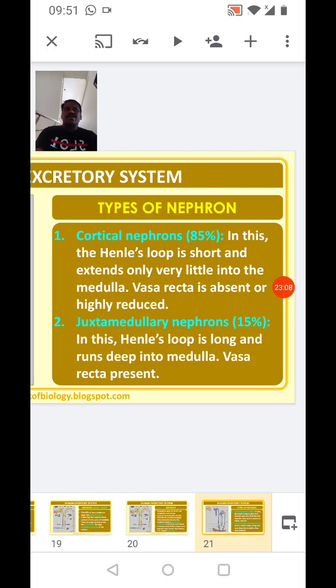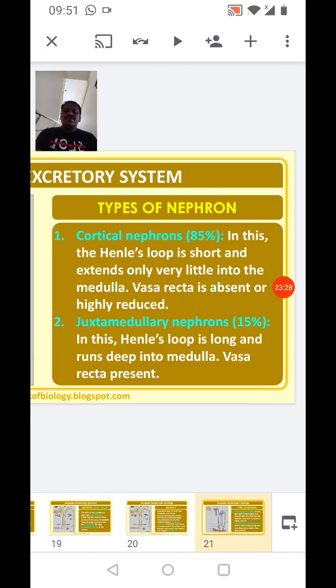Understood? 85% of the nephrons have a short loop of Henle. Due to this, the loop of Henle only slightly enters the medullary pyramid. Such nephrons are known as cortical nephrons.